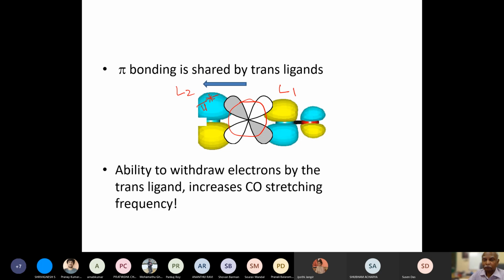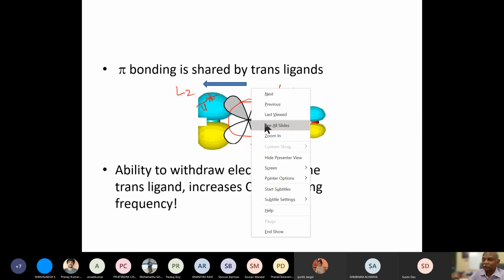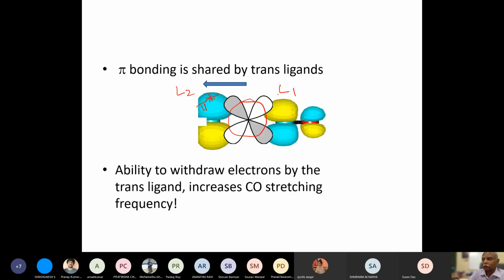So if I have a ligand which withdraws electron density from this t2g orbital, then the ability of the metal to give electron density into the pi star orbital is going to decrease. If that happens, then the stretching frequency will also change.